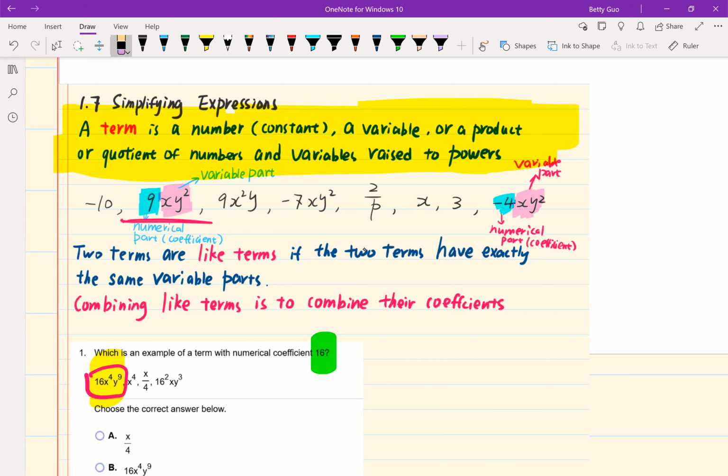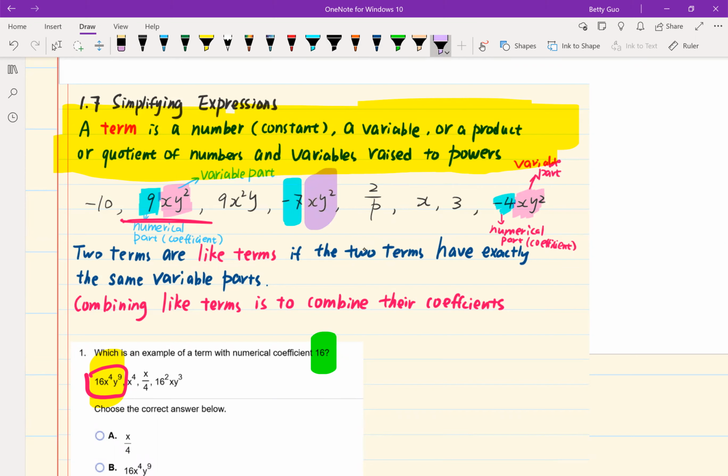And what about this guy? -7xy squared. Why not? For that term, the numerical part, coefficient, is -7. The variable part, let me color this purple here.